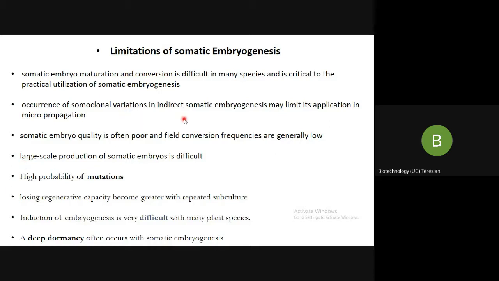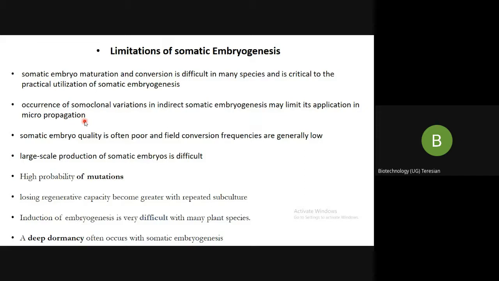Occurrence of somaclonal variation in indirect somatic embryogenesis may limit its application in micropropagation. So, whenever a variation occurs, you cannot go for micropropagation. It is a limiting factor because micropropagation is nothing but clonal propagation. If I have a plant, I want all the plants to be the same as my mother plant.